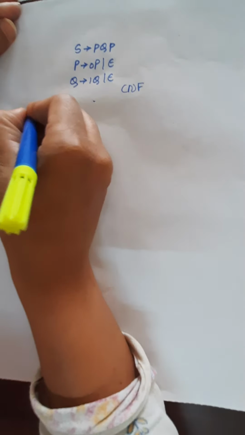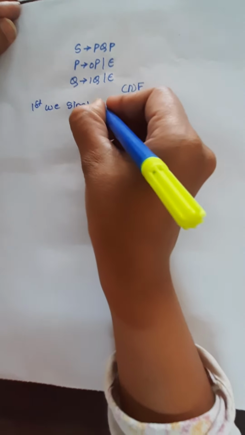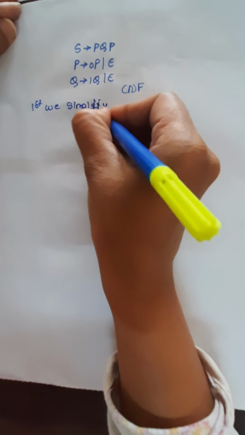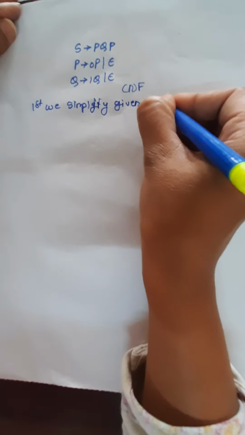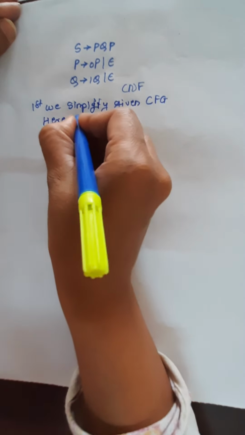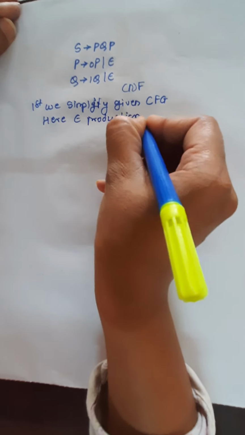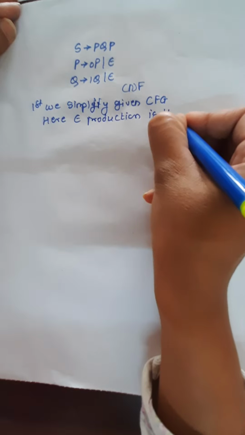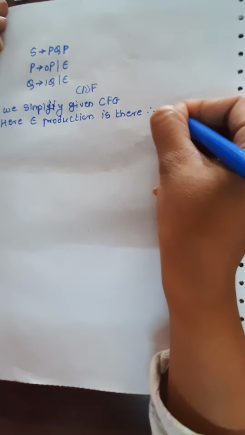So first we simplify the given CFG. Here epsilon production is there. Therefore remove it.